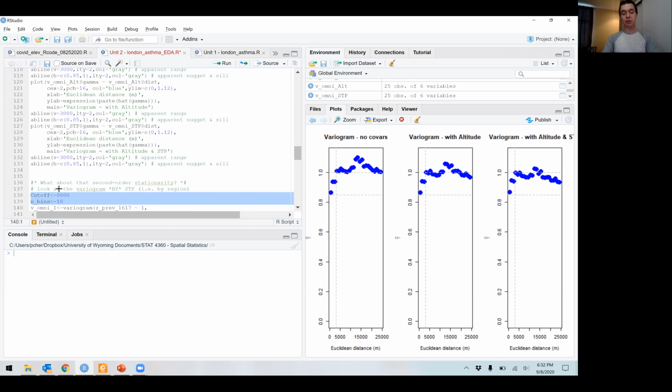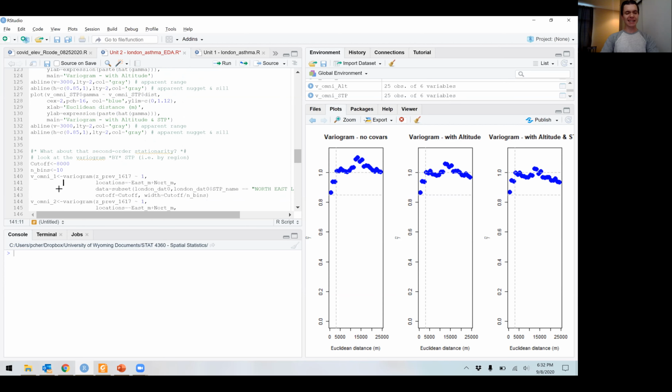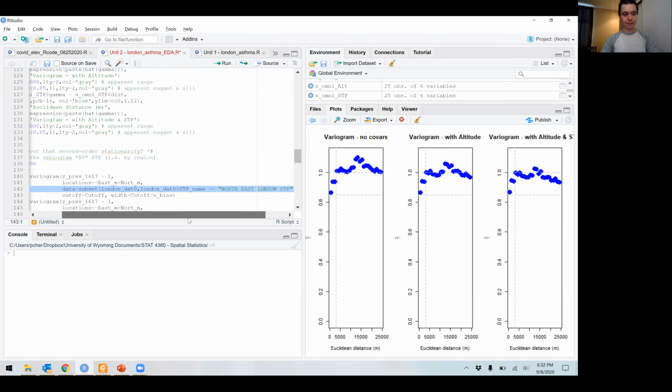So after some trial and error, I picked 8-kilometer cutoffs, and after some trial and error, I picked 10 bins. So that means each bin is 0.8 kilometers wide, each distance bin, where I'm averaging my variogram cloud. Right here on line 142, I have code that takes a subset of the data set and only takes Northeast London.